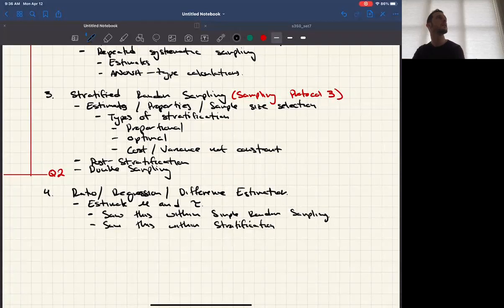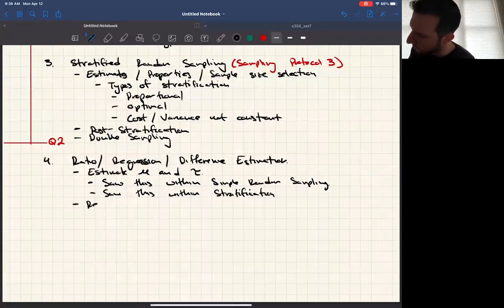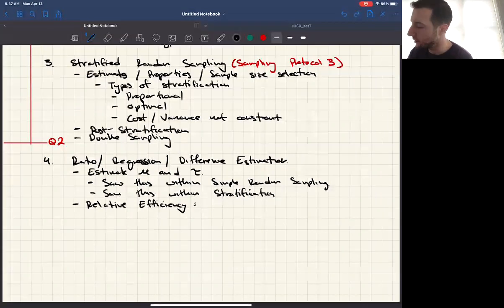And then I think I'm missing something on the formula sheet. I just noticed that I don't have a definition strictly for relative efficiency, but this is the lecture set 2 where we then introduced relative efficiency, which again is really just a comparison of the variances of the estimators that you were studying, right?